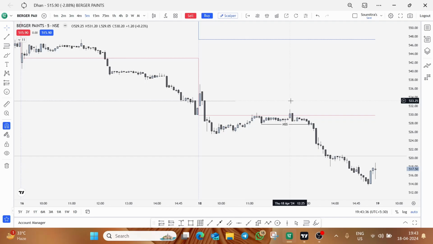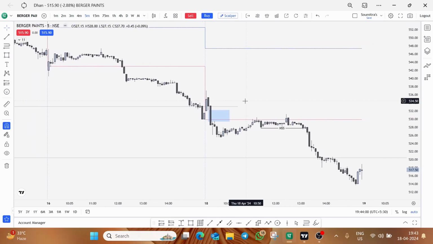So this was today's scenario. As you can see, this was the drawn liquidity line, the first one. Price has given some reaction and then suddenly falls, creating this fair value gap here.